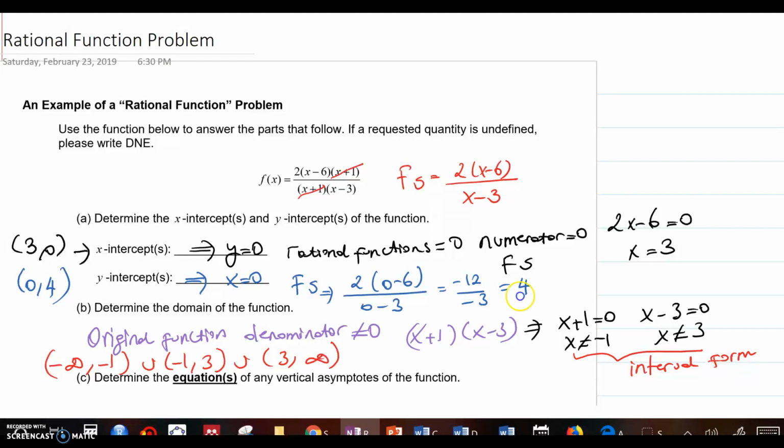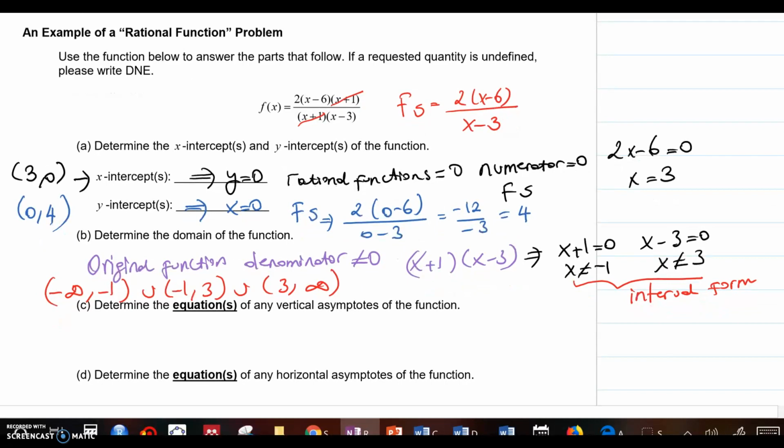All right, next question. Determine the equations of any vertical asymptotes of the function. Okay, the vertical asymptotes. For that you need to look at the simplified version, because once we simplified the x plus 1 factors, we actually created a hole. If there is a simplification, in the vertical asymptote case we do not consider the hole.